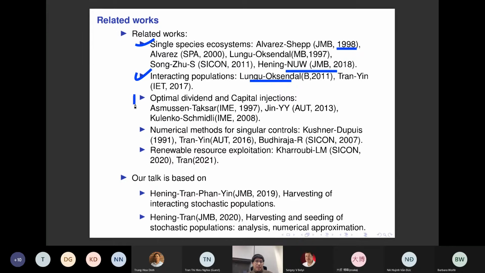A related problem is optimal dividend and capital injections, with very many papers working on this. For numerical methods for singular control, we use the Kushner approach. Kushner is the advisor of my PhD advisor.